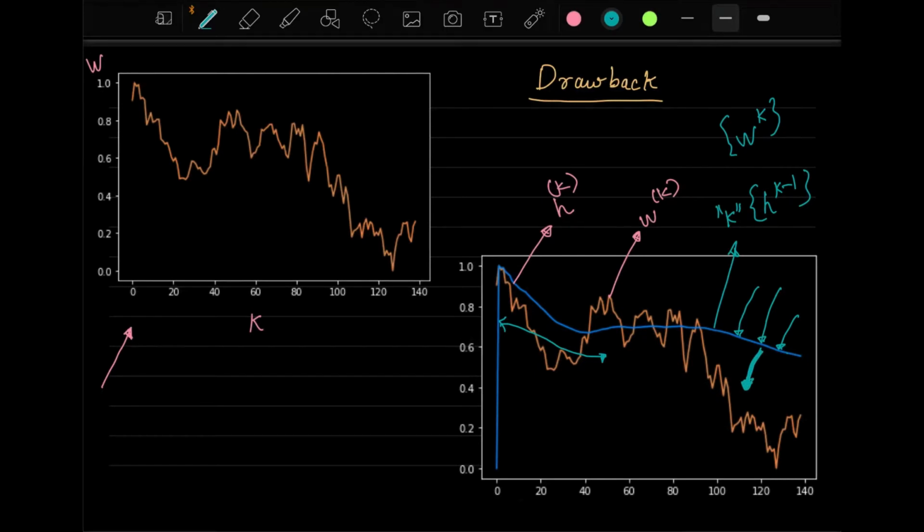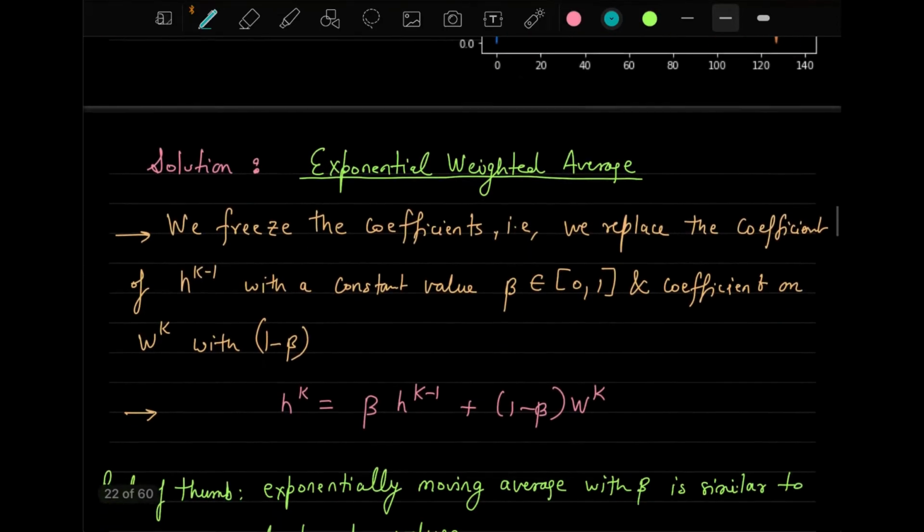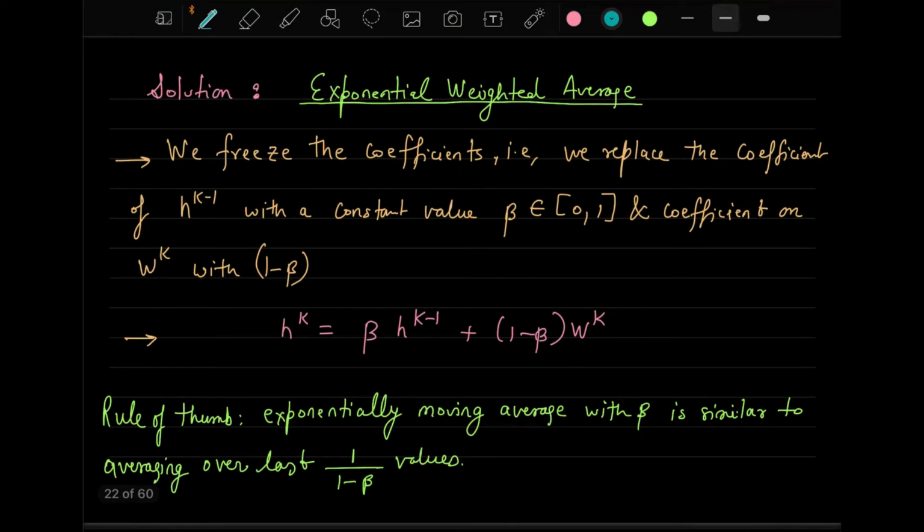So in order to improve this, this method was proposed. This is the exponential weighted average. So what we do is, actually we freeze the coefficients. That is, we replace the coefficient of h of k minus 1 with a constant value of beta, and the coefficient of wk with 1 minus beta.